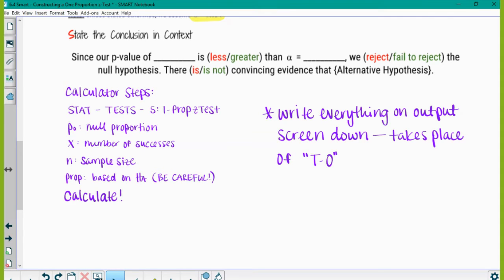Negative z to positive z? It should say negative infinity to negative z, or it could be z to positive infinity. So you just have to multiply it by 2. Yes, we don't want the area between those two values. We want the area outside of those two values. I know I whited it out for a reason and then just didn't make any changes.